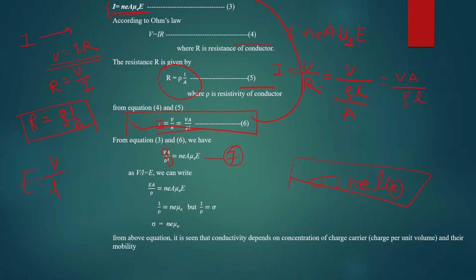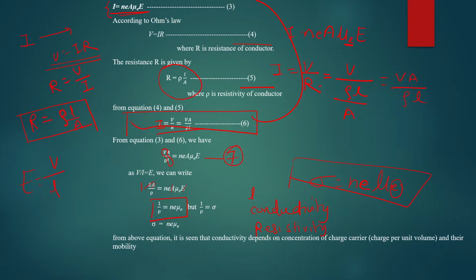Now just see the equation, left side and right side. You can visibly see that some terms are the same, E A, E A, so we cancel them out on both sides. Then the remaining terms: 1 by rho is one remaining, and another will remain, so we write them here. 1 by rho is equal to N e mu E. Now you know that conductivity and resistivity are reciprocals of each other.